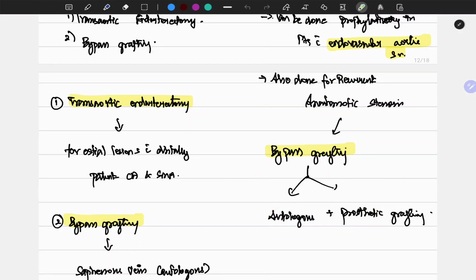So the point here is, if there is an SMA thrombosis, look for viability of the bowel. Look for pathology.